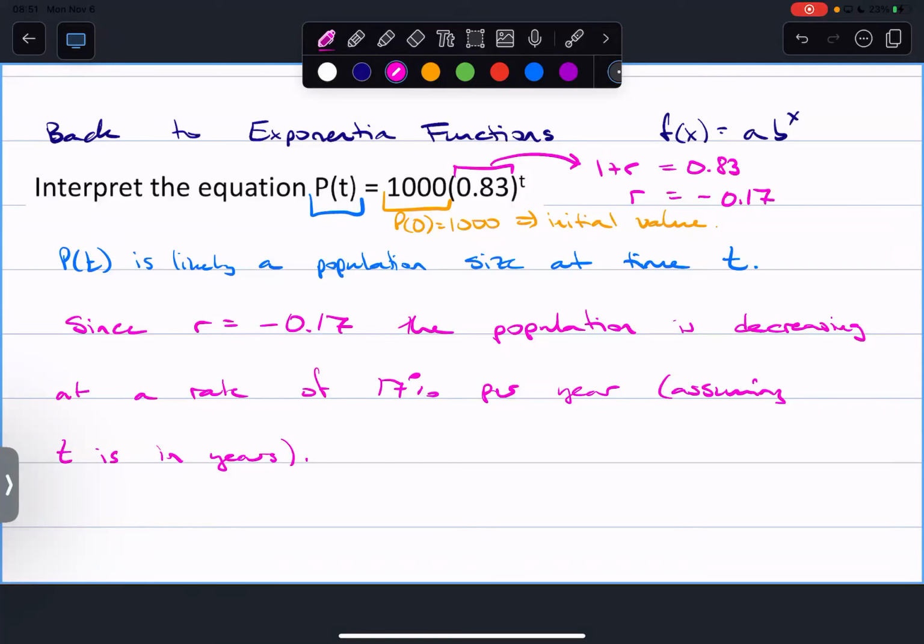Identifying things that you're assuming is just a really good general skill to have, right? Not just in math, but in any course that you're taking. Because sometimes you do have to assume stuff, but you also have to declare it, right? But especially in math, you have to declare things that you're assuming.